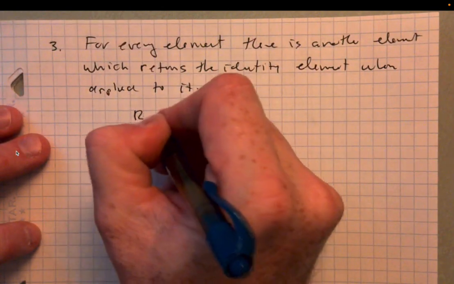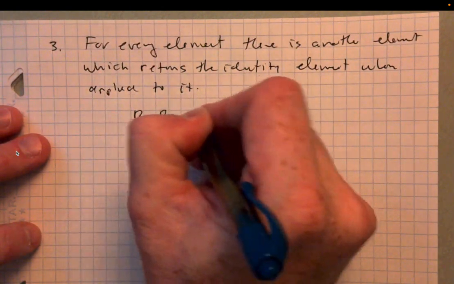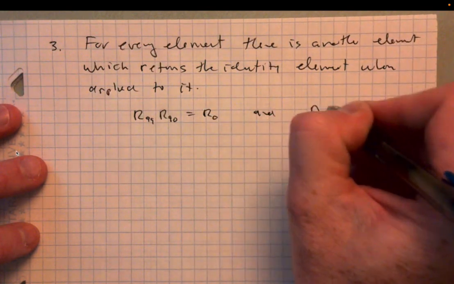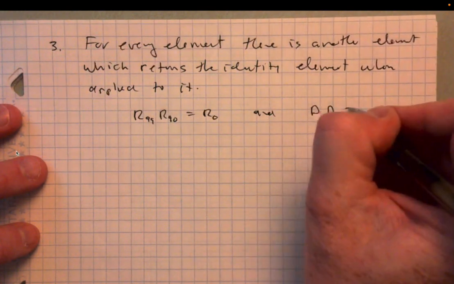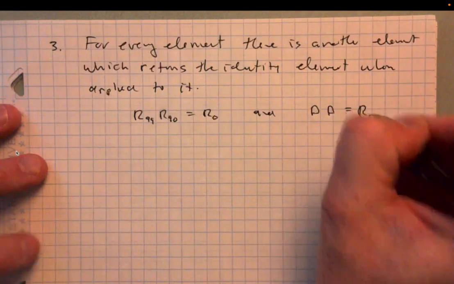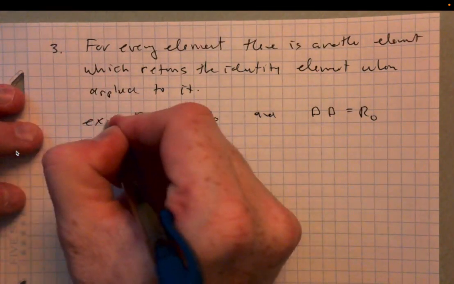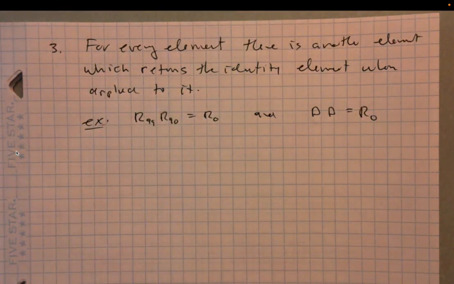We saw that R90 and R270 give R0, and D and D give R0.